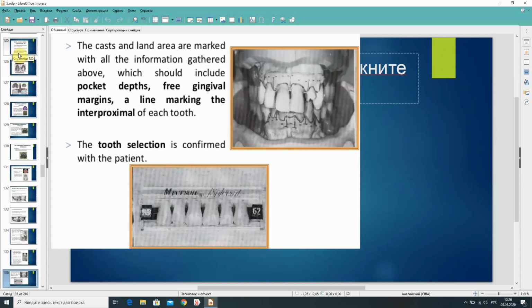The casts and land area are marked with all the information gathered above, which should include pocket depths, free gingival margins, and a line marking the interproximal of each tooth. The tooth selection is confirmed with the patient.